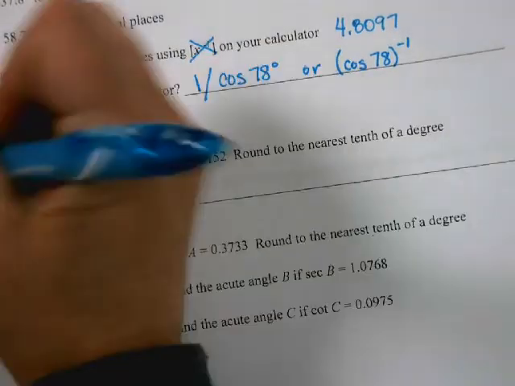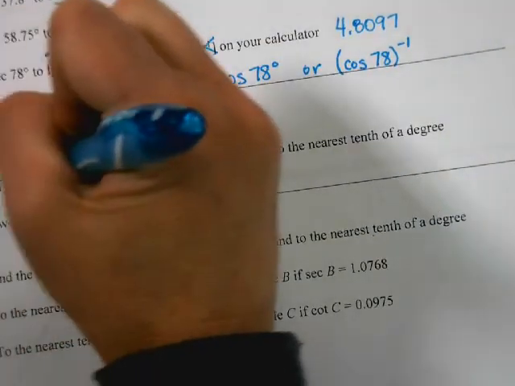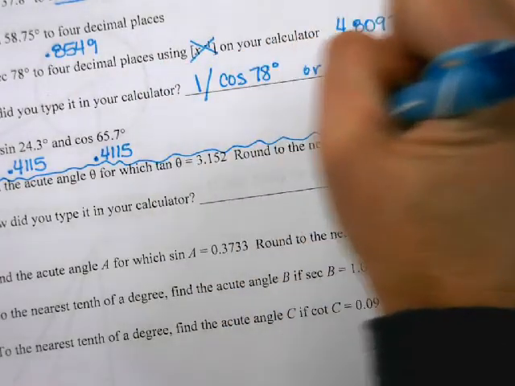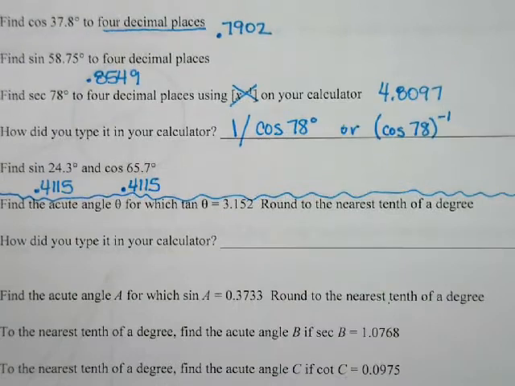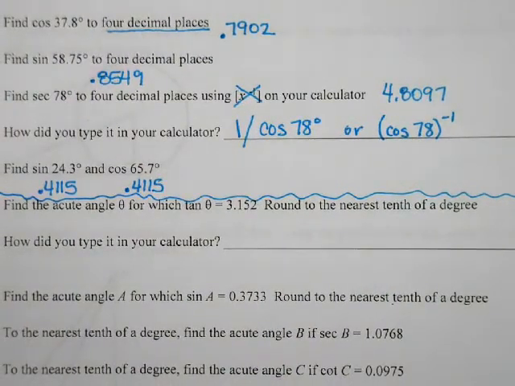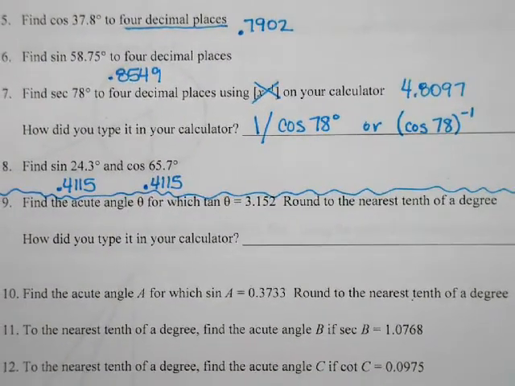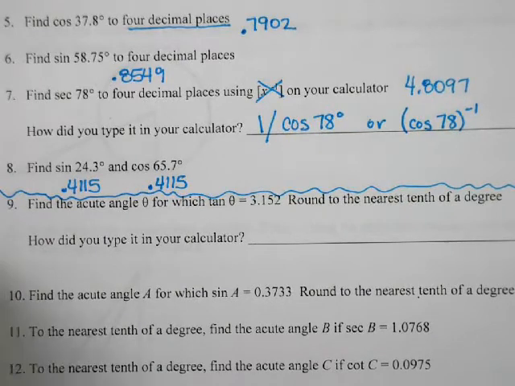Okay. I want you to draw a little line after number 8. From 5 through 8, I gave you the angle, right?